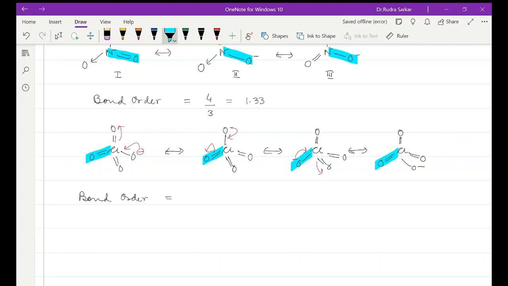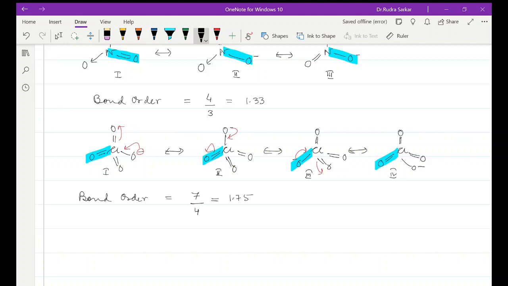So if we take all the resonating structures and the number of bonds between Cl and O, we will say there is over here in total 7 bonds, and now the number of resonating structures obviously 1, 2, 3 and 4. So that should be divided by 4 and your answer should be 1.75.